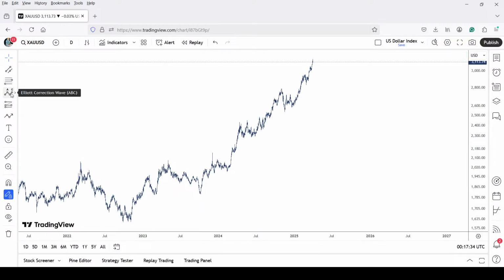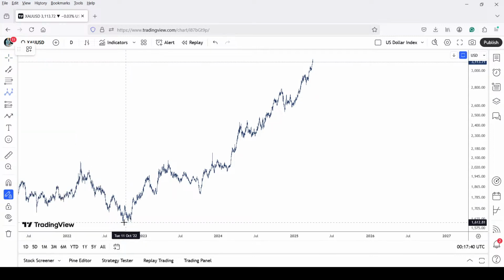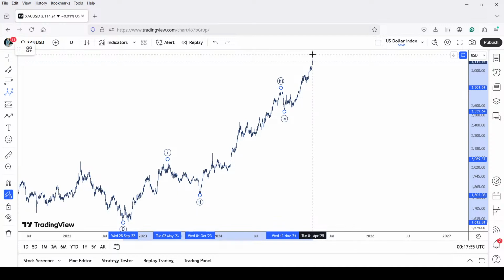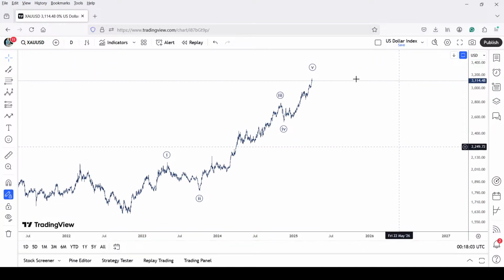It will take only a minute to put the counts right at the right place. We start with the minor degree. So we got minor wave 1, 2, straight up there, minor wave 3, 4, and 5. Alright, that's the larger degree, the minor wave 5.